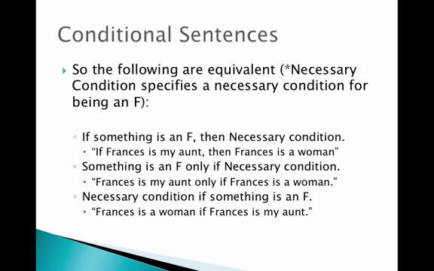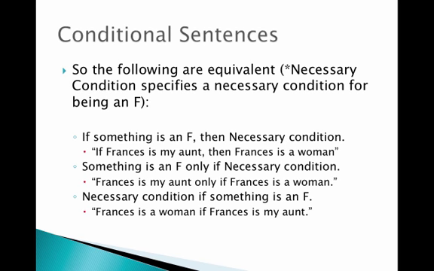So the following would be equivalent, where the necessary condition is a necessary condition for being an F. If something is an F, then necessary condition. For example, if Frances is my aunt, then Frances is a woman. Frances being a woman is a necessary condition for Frances being my aunt. That's semantically equivalent to: something is an F only if necessary condition.